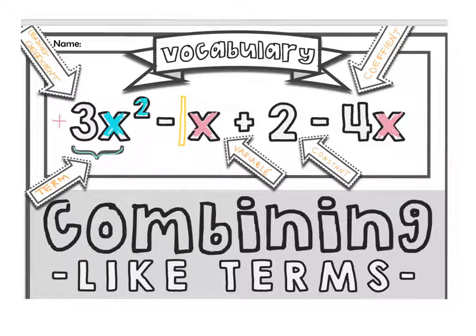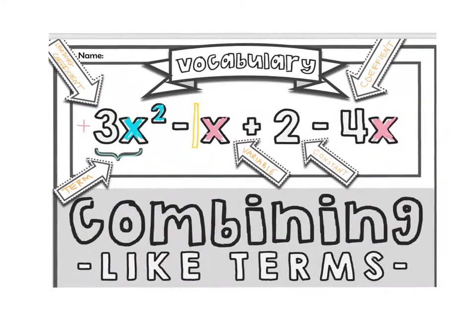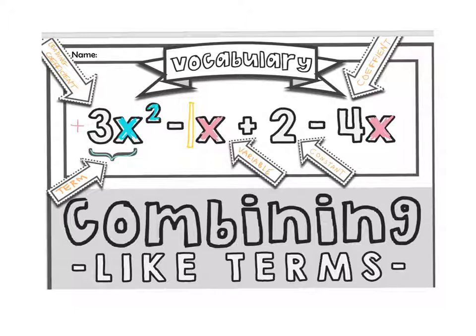And then the next thing I want you to do is let's box these up or do little puffy clouds here. So our 3x squared has the plus sign in front of it, and that doesn't have any like terms with it.